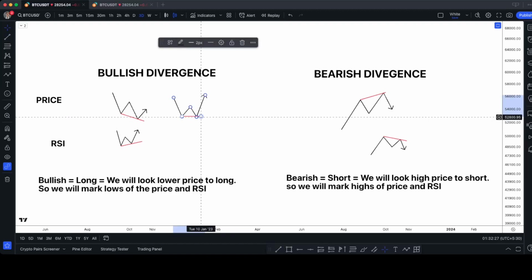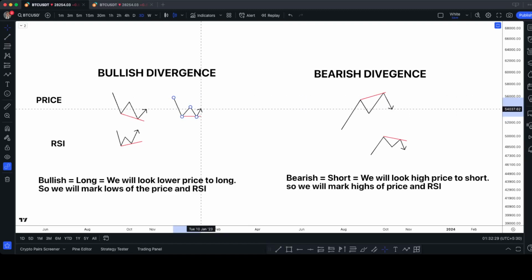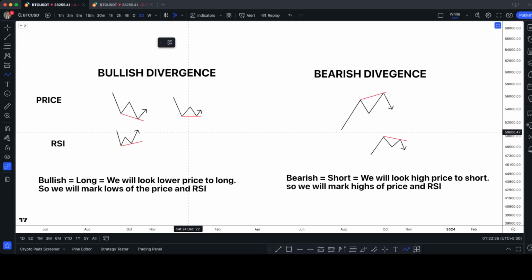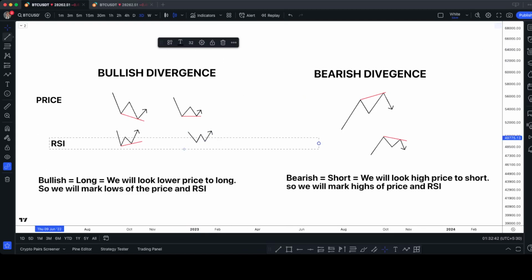Let's mark this out. And you see the same thing on the RSI, but you are seeing some bullish divergence here.